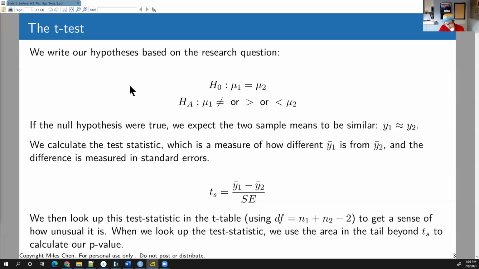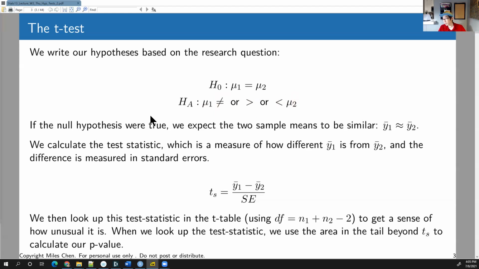We start with our null hypothesis, which always has an equal sign. For the t-test, the null hypothesis is always that the mean of population 1, mu1, is equal to the mean of population 2, mu2. The alternative could be mu1 is not equal to, greater than, or less than mu2.